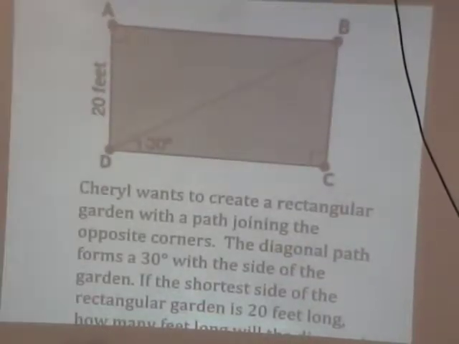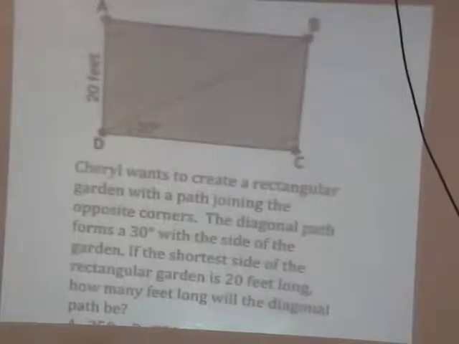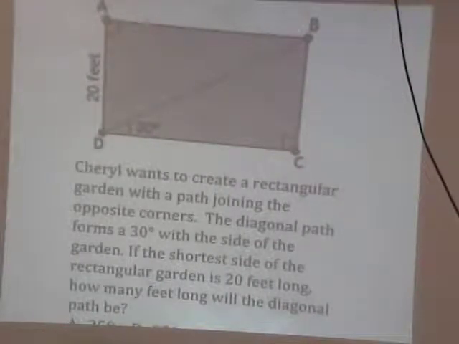33. Cheryl wants to create a rectangular garden with a path joining. What? Omit. You said don't do that one. Oh, okay. Let me double check something. You just said 33. Wait, 33 is different. Hold on just a second.